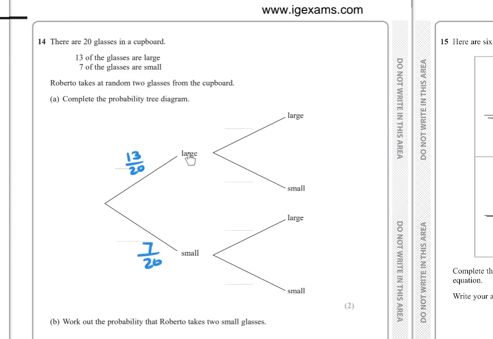If the first is large, the probability that the second is large will be 12 over 19, and the probability that the second is small will be 7 over 19. If the first is small, the probability that the second is small is 6 over 19, and the probability that the second is large is 13 over 19.